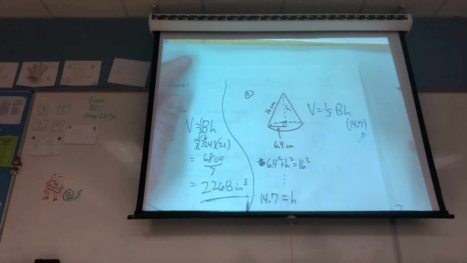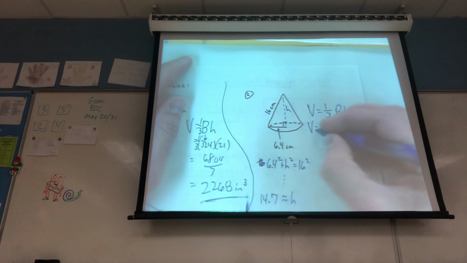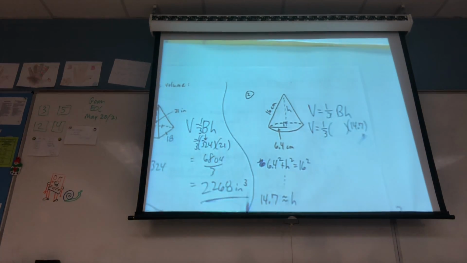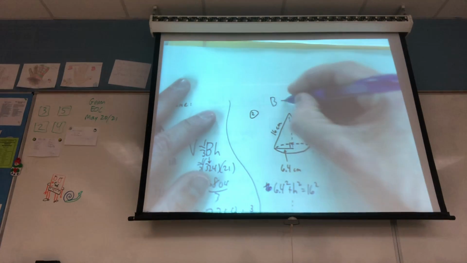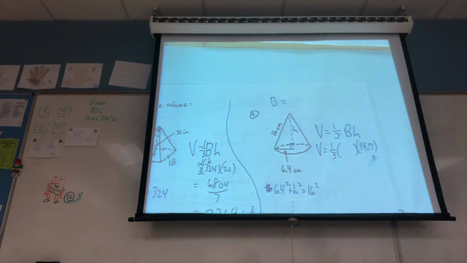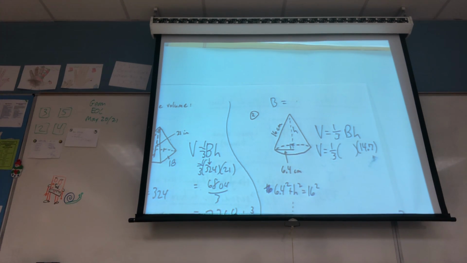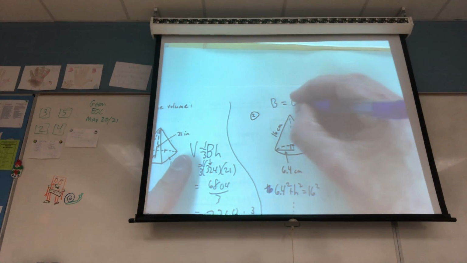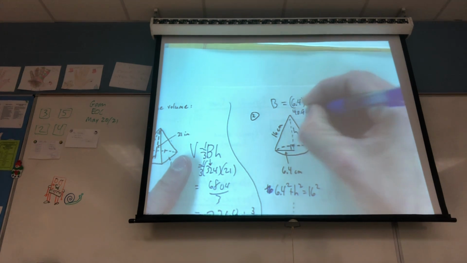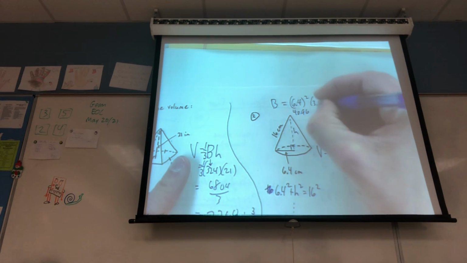Well then, the base is 126.42. How'd you get that? 6.4 to the second power, which is 40.96, and then you would multiply it by 3.14.